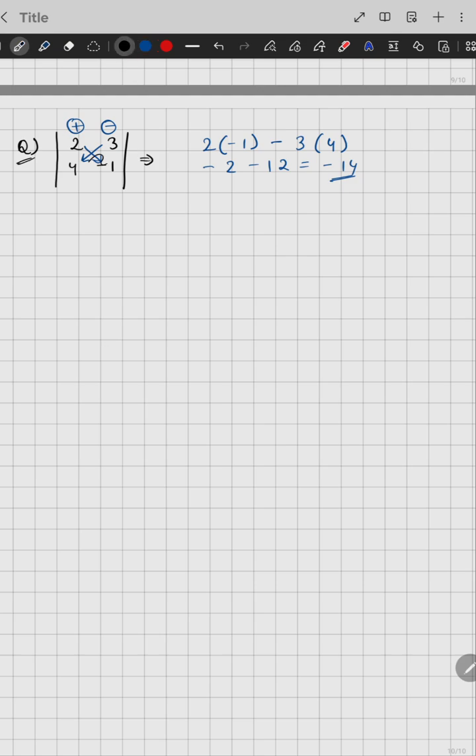Now, for a determinant of order 3 cross 3, we are going to use 2, minus 1, 3; 4, 0, 2; 1, 5, minus 3.